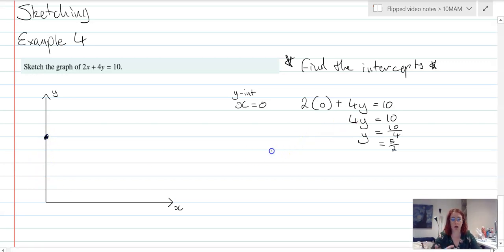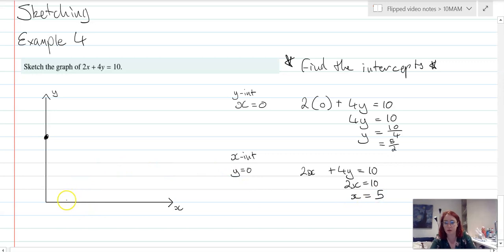So that's our y-intercept. And then our x-intercept is going to be when y equals 0. So exactly the same process. But now we're substituting y for 0, so 2x plus 4y equals 10. That gives us just 2x equals 10. X is going to equal 5. So let's say we've got sort of 1, 2, 3, 4, 5.